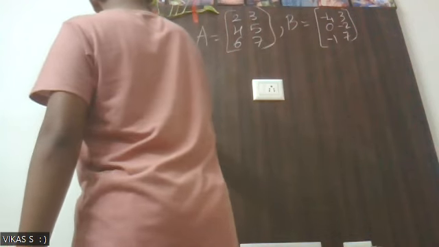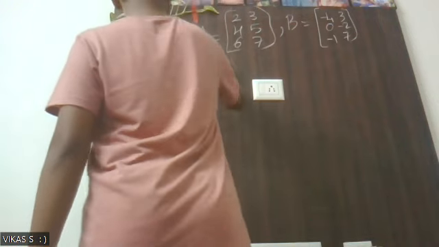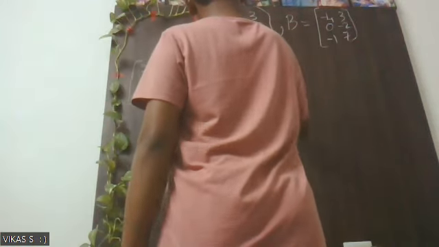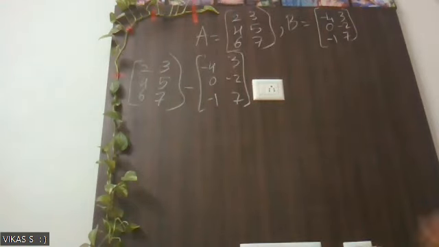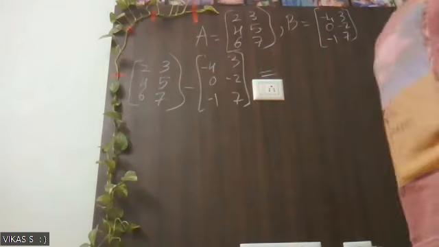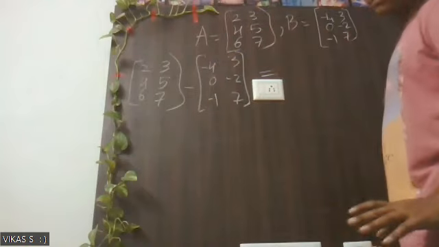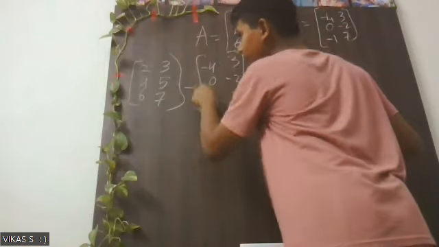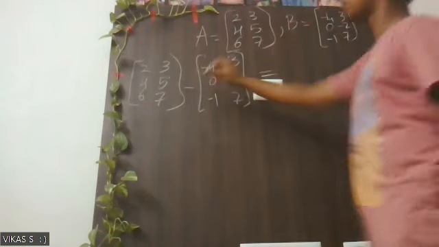2, 4, 6, 3, 5, 7 minus -4, 0, -1, 3, -2, 7. This is our question. So what should we do here? We have to subtract, the same thing. 2 minus 4, but there is one more minus before the 4.